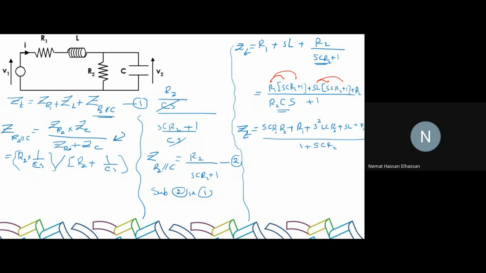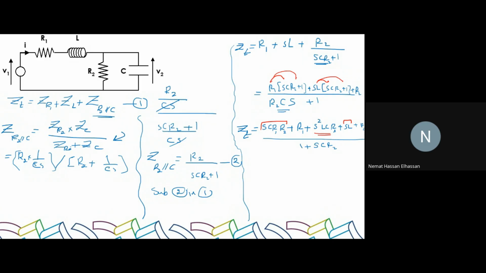And then we have to do one more step just to simplify it, which is to combine like terms. For example, here we have SCR1R2, and here we have SL. Both have the same S, right? I'm going to write the term with the power 2 first.